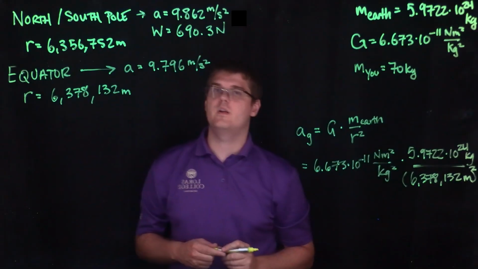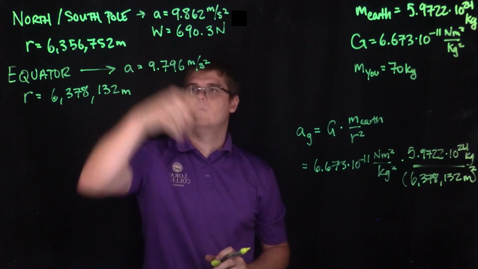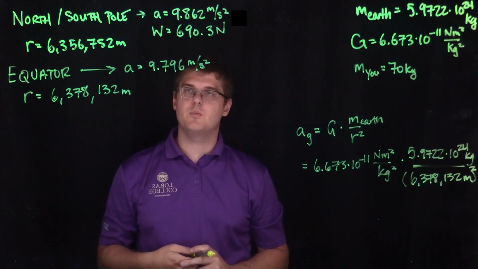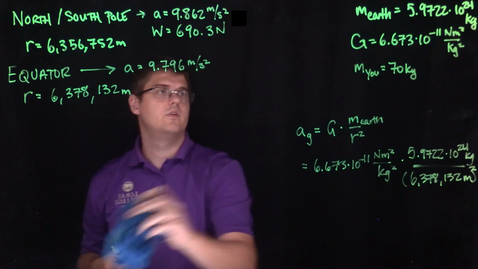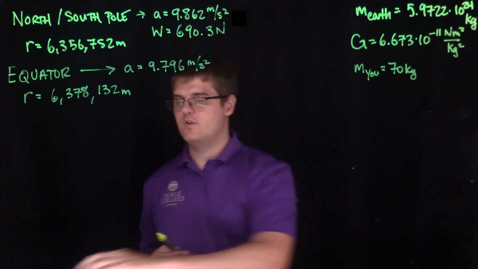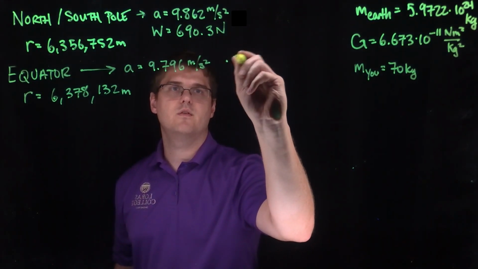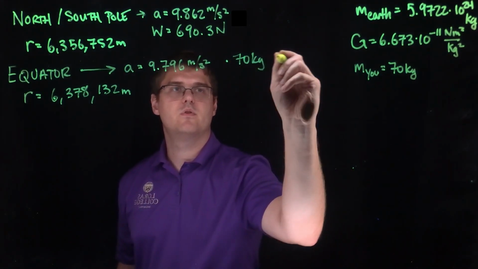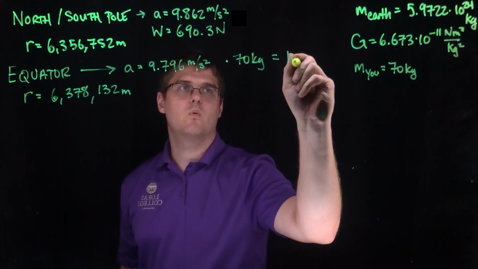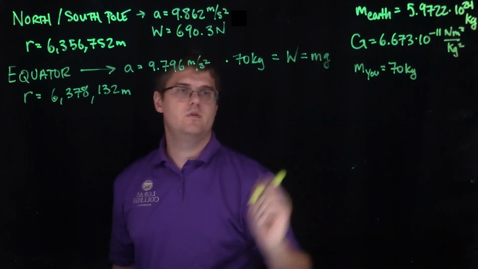What you're hopefully already seeing here is that our 9.81 is not too terribly off of either of these pieces, a reasonable approximation. All we have to do is take this number, and if we multiply it by our mass, so multiply it by 70 kilograms, that is equal to our weight. That's mg is all we've done there.